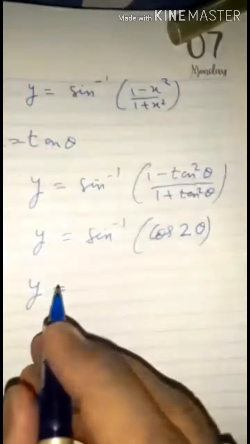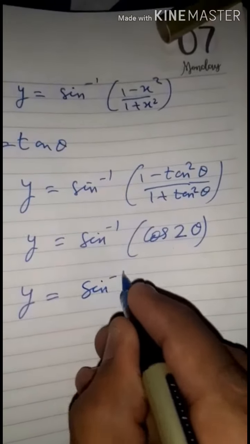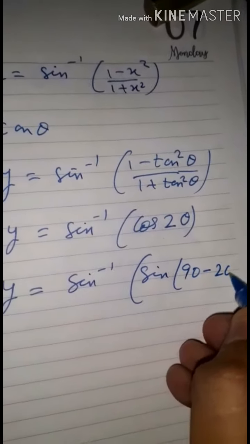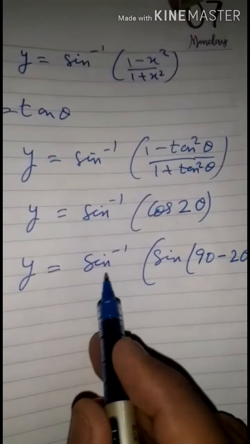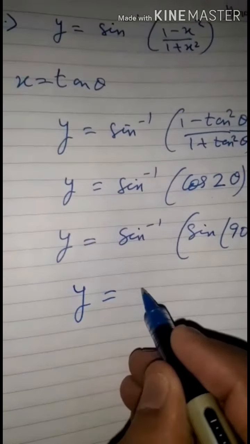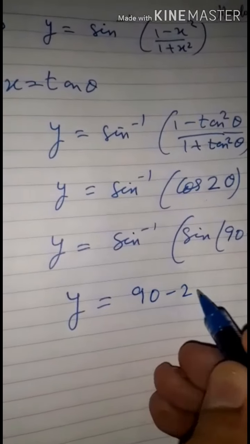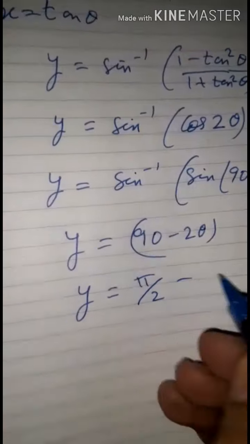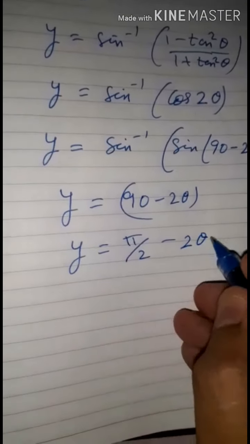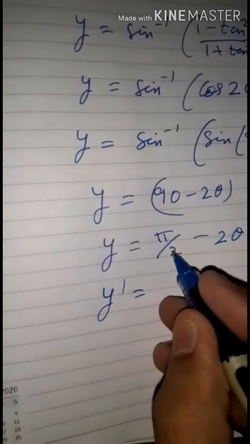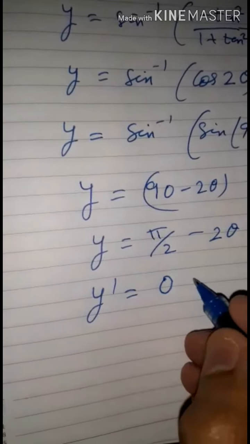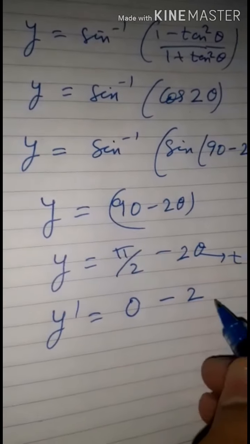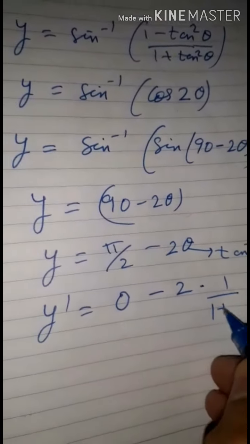Now how can we change cos into sin? Sin inverse sin of 90 minus 2 theta, because we require sin to cancel with sin. So y is equal to 90 minus 2 theta. So y is equal to pi by 2 minus 2 theta. So y dash is equal to, constant is there, 90 or pi by 2 derivative is 0, minus 2 theta is equal to tan inverse x. So its derivative is 1 upon 1 plus x square.